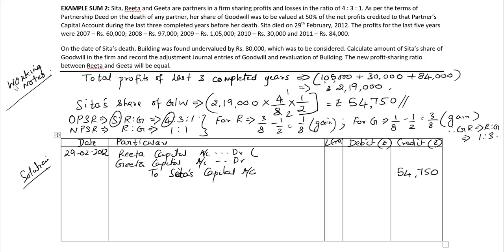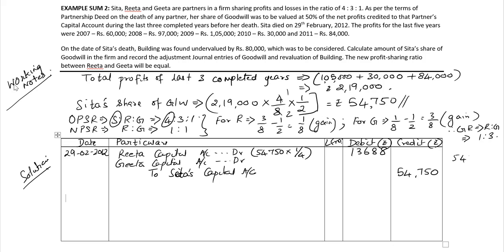Against Rita, it's 54,750 multiplied by 1 divided by 4. So it's 13,688.